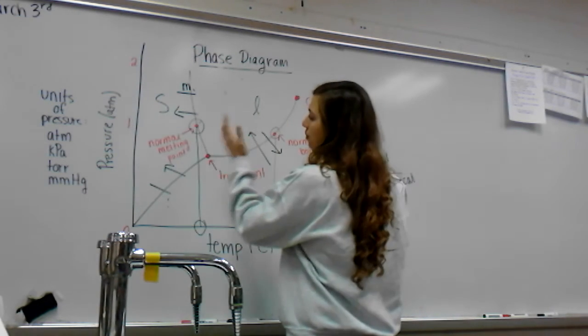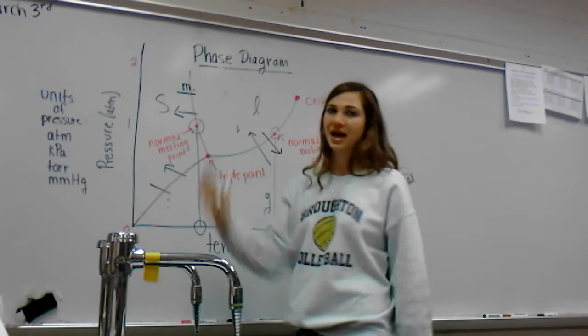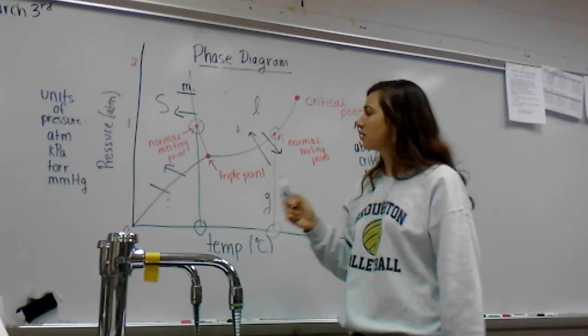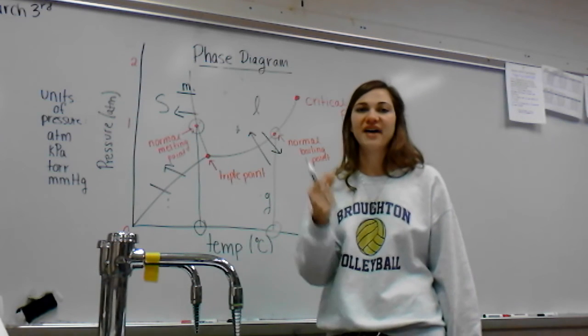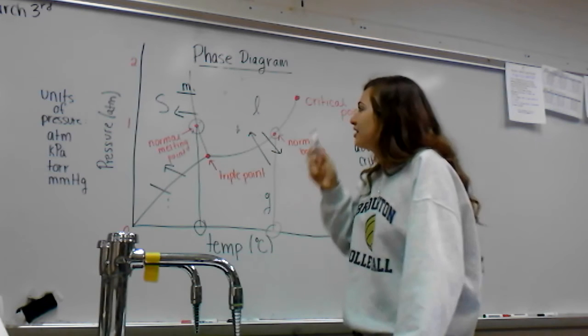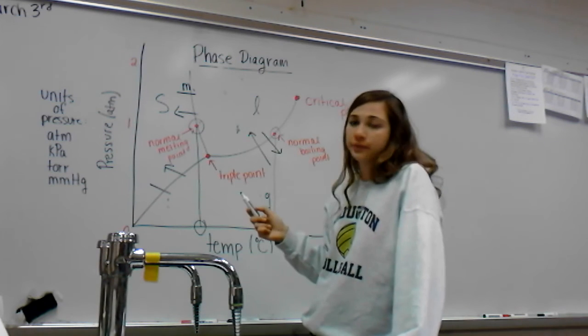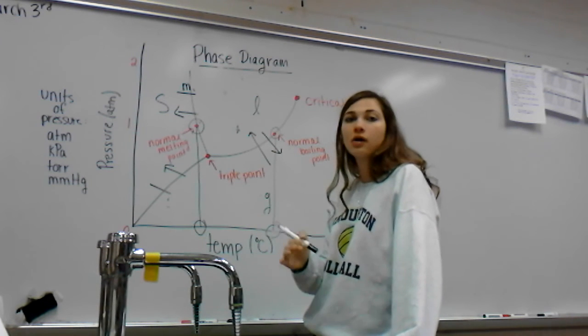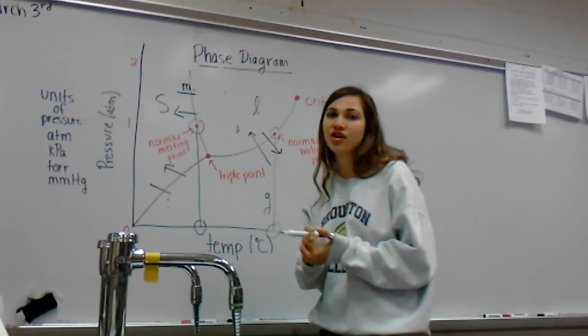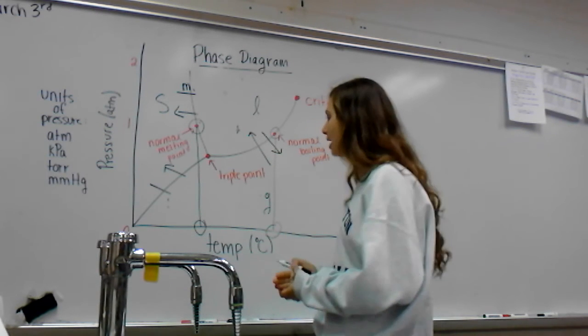So it's sloping towards the pressure axis. Now, the reason why this is going to occur has to do with the fact that solid water is less dense than liquid water, which is only true for water. All other substances have a solid state of matter that is more dense than the liquid state of matter.